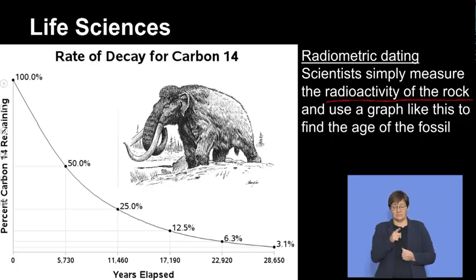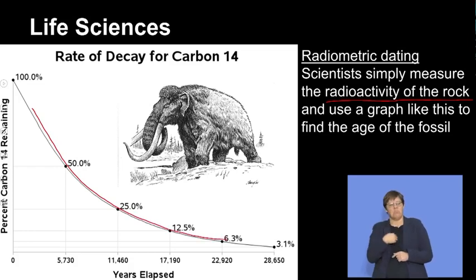If there is so much radioactivity, they would then say, aha, if it's 50% radioactivity, it is so many years old. And the scientists that make up the curve like this, they know exactly what they're doing. So all the scientists need to do is simply measure the radioactivity, and it's quite easy to actually find out the approximate age of the fossil.